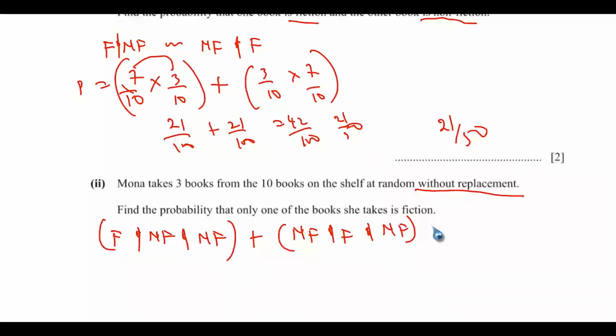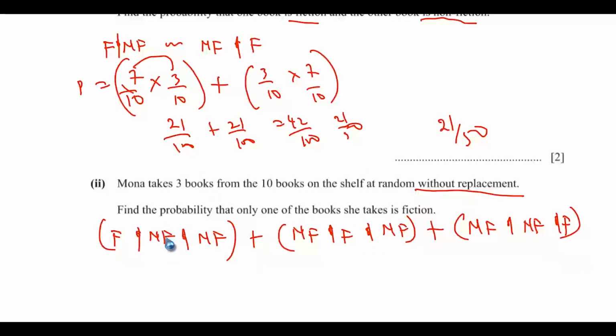So that is the second way. So the third way will be, the first one will be non-fiction, and the second one will also be non-fiction, and the third one is fiction. Okay, so these are the 3 possible ways Mona can take the books.